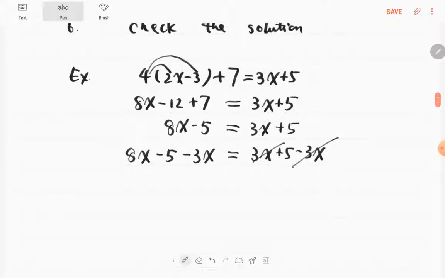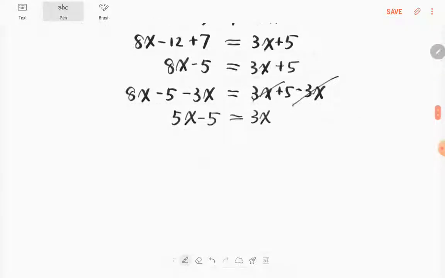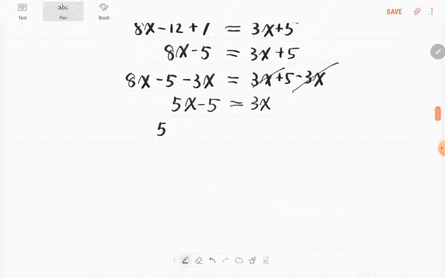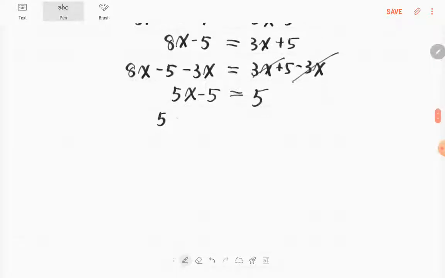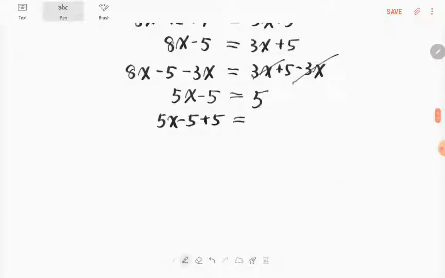Then we can, of course we should, oh sorry, it's 5. Then we can add 5 to both sides.